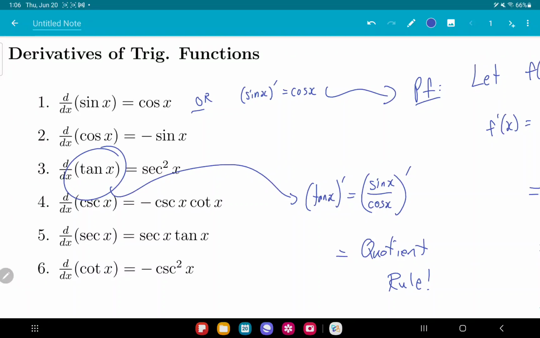So I use a quotient rule there. You can do the same game for 4, 5, and 6 as well. So if you're looking for a challenge, why don't you assume that 1 and 2 are true? So use 1 and 2 to prove 3, 4, 5, and 6.